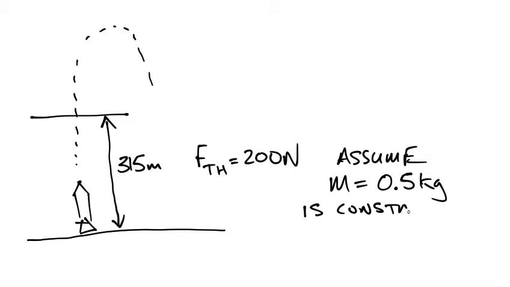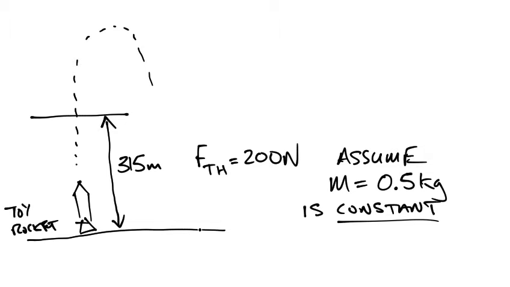We know that in real life that's not really going to be the case, because most of the mass of this rocket is going to be the fuel, and the fuel is going to be lost, and so we have a changing mass, but we need calculus to solve this problem in that situation, so we're just going to assume that it's a constant mass. Okay?